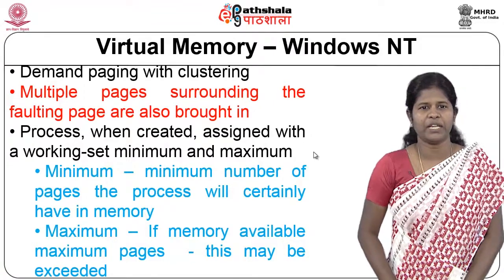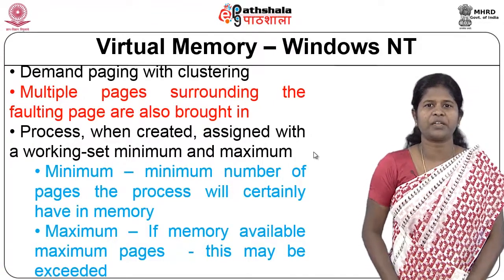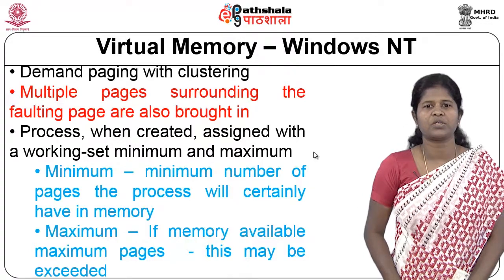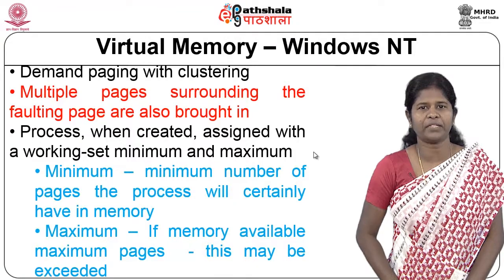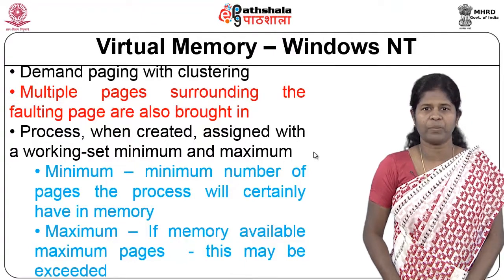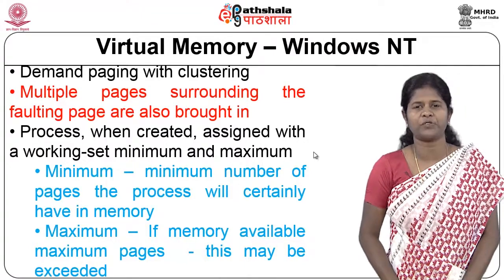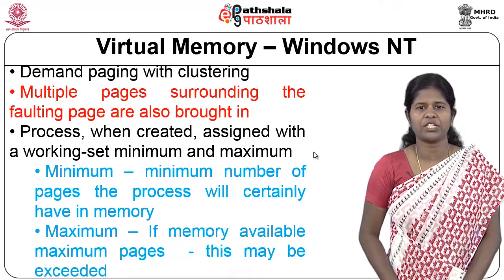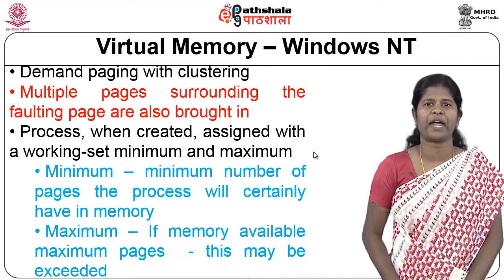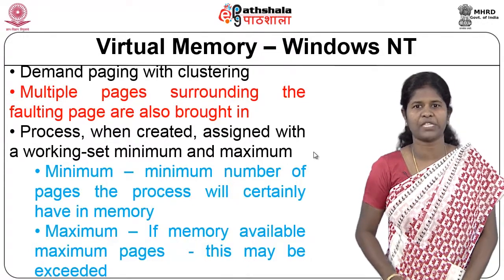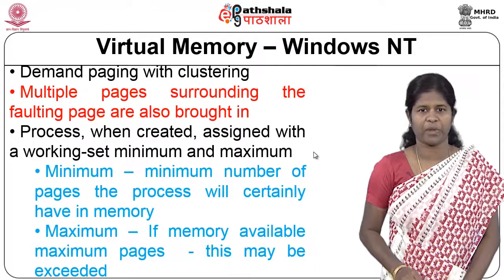In Windows NT, demand paging is used along with a method called clustering. So, what is clustering? Multiple pages surrounding the faulting page are also brought into the main memory. Usually, whenever there is a page fault, we bring in only the required page from the secondary storage device into the main memory.